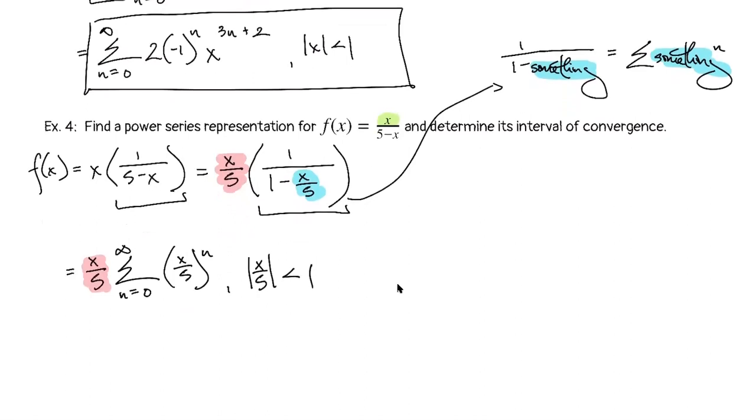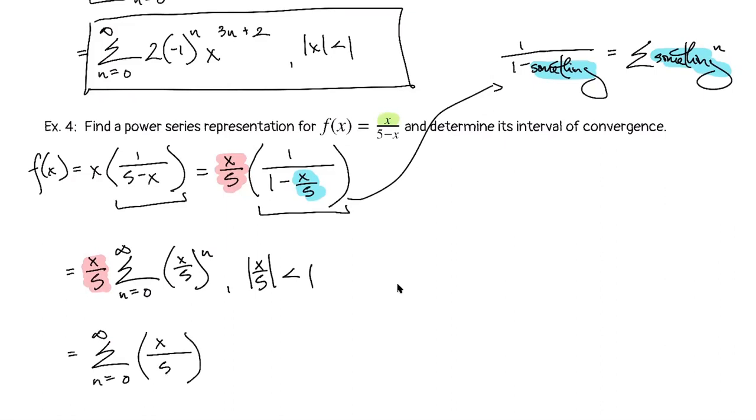And so when we do that, let's go ahead and we're going to bump the 5 back in, and that's going to go in the denominator. And then we're going to bump the x back in, that's going to go in the numerator. And so I'm going to have x on the top and 5 on the bottom.